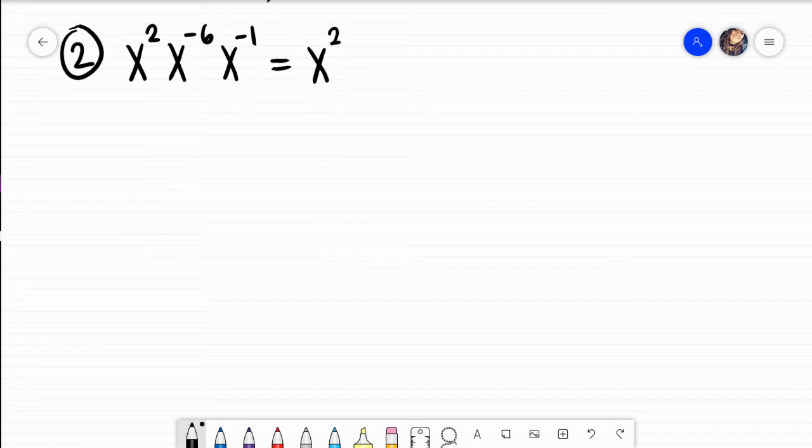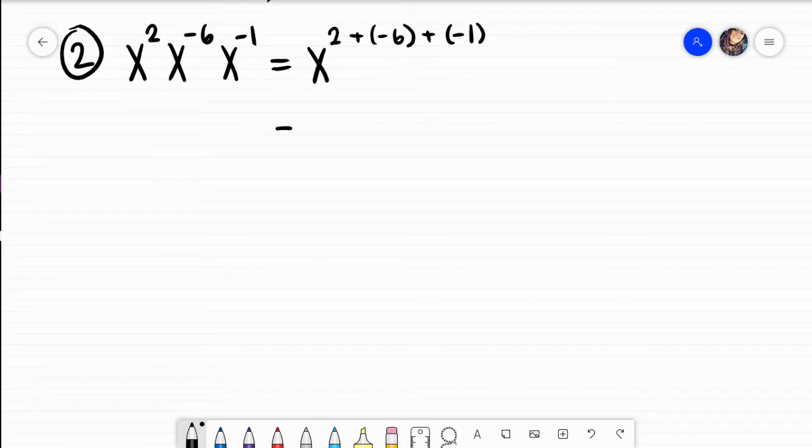So this would be 2 plus a negative 6 plus a negative 1. This could also be written as 2 minus 6 minus 1. Okay, so I'm going to keep it as that previous one since the rule actually says add your powers. Hopefully that should make a good amount of sense.